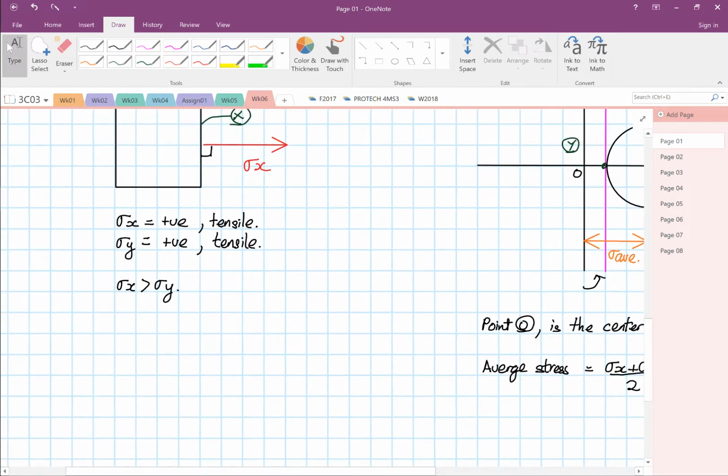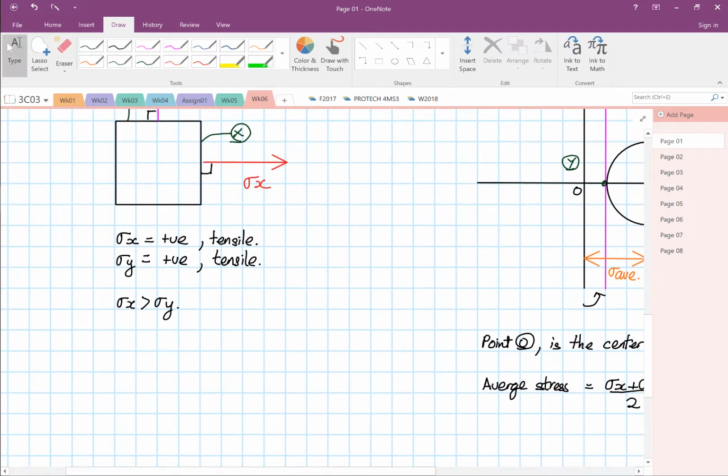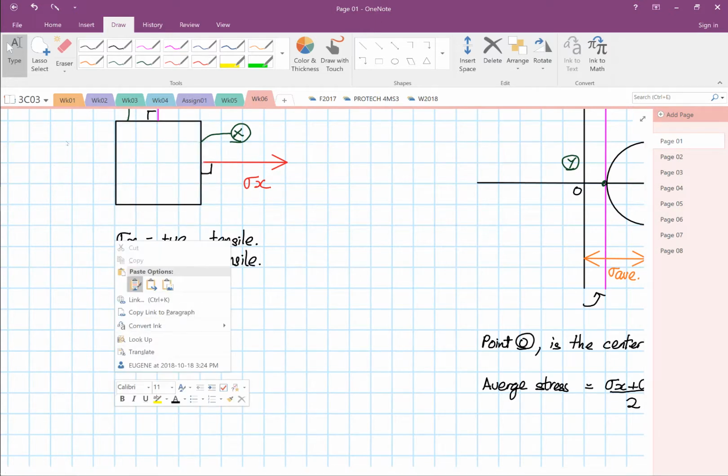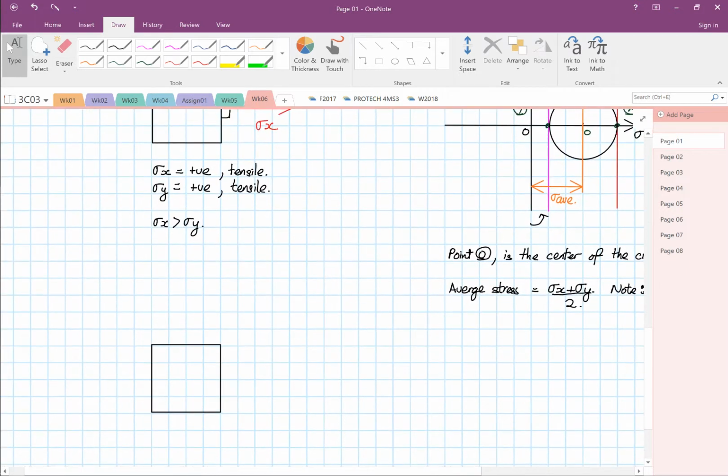Let's look at another normal stress acting direction. Okay, so let's look at another configuration down here. For this case, we're going to have stress X again in the same direction, going outwardly this way.